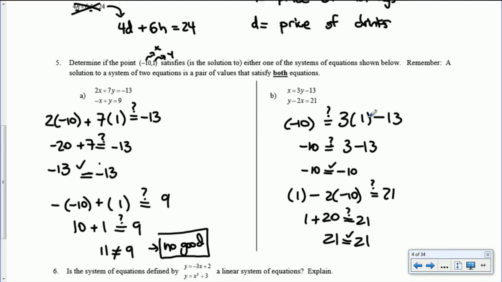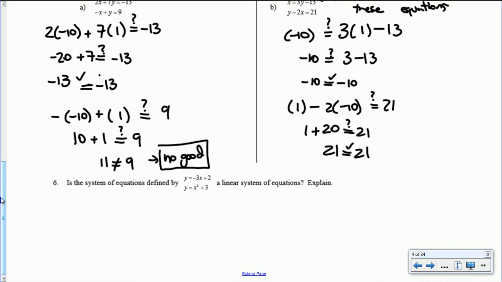So this one works. This is a solution to both of these equations because they both worked out, right? Both of them were consistent.